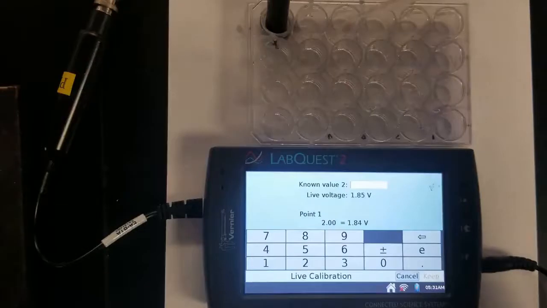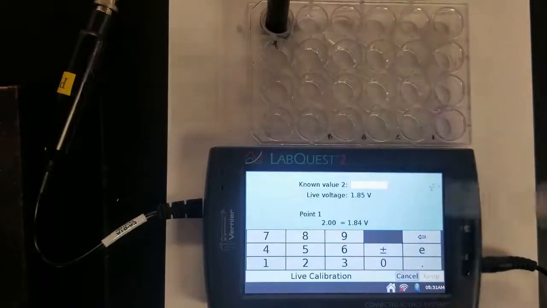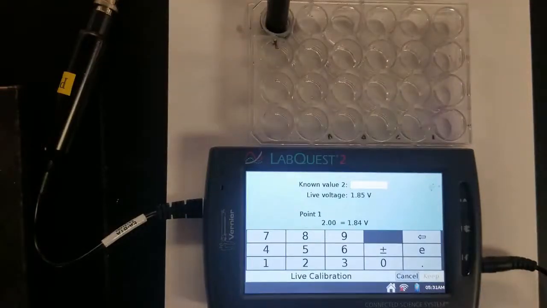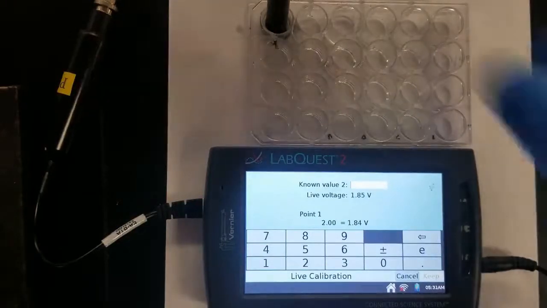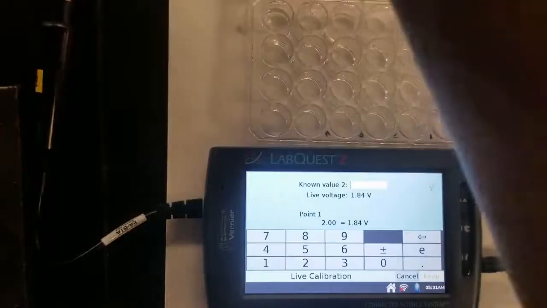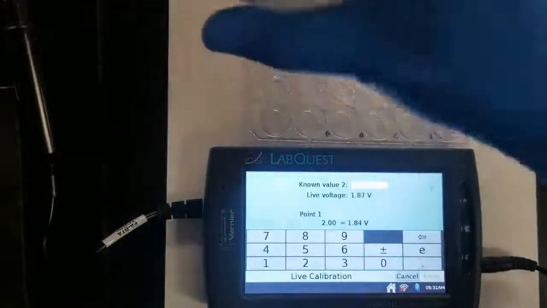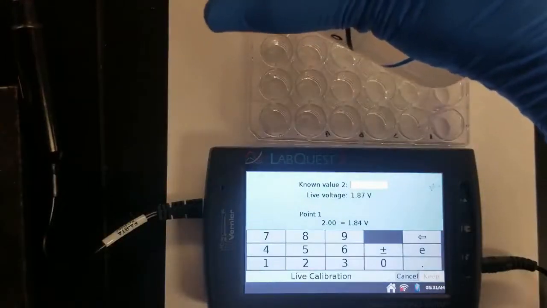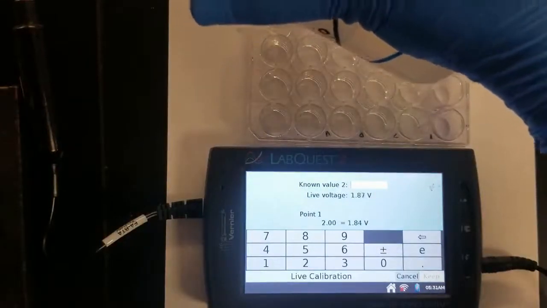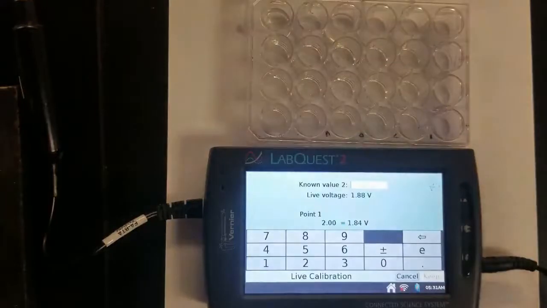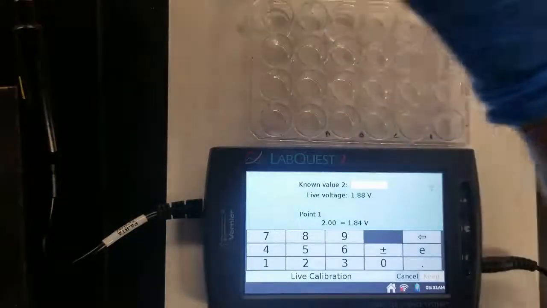Pour it into this second well, or this third well plate. Rinse off our electrode with distilled water. Plug it into the pH 8.